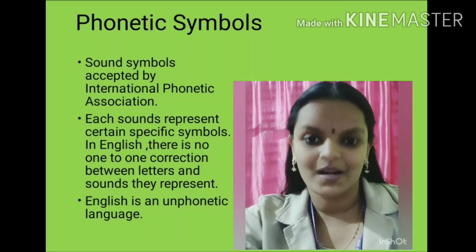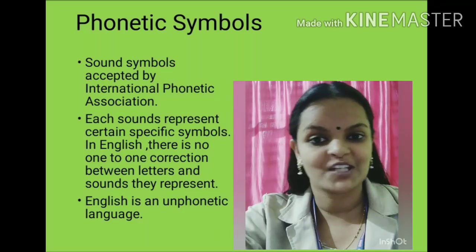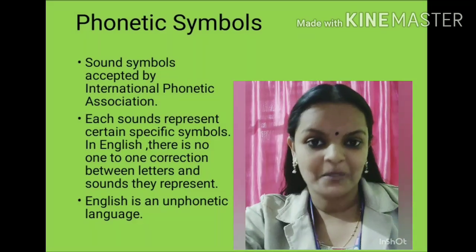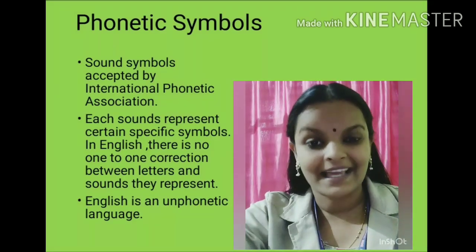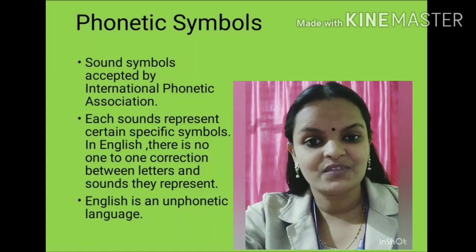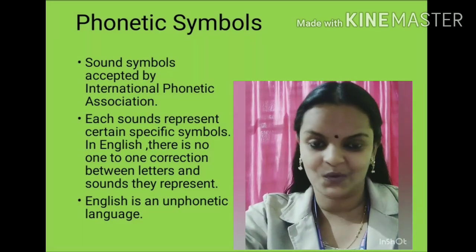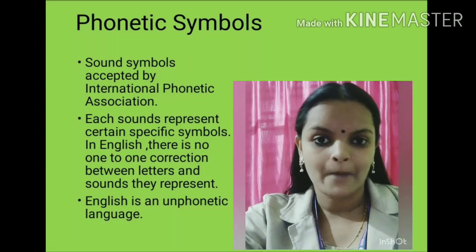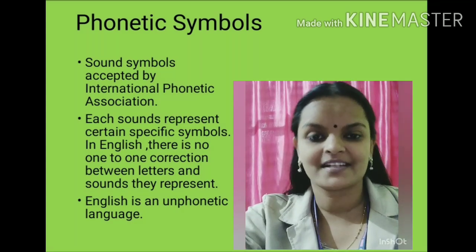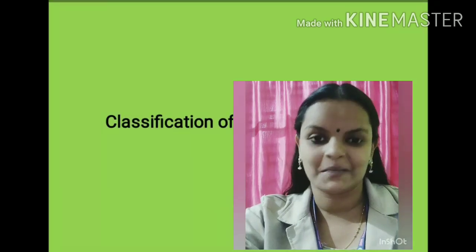For the word knowledge, that is the spelling, but we pronounce it without the K; K is silent there. And for the word psychology, the P is silent, and we read it simply as psychology.